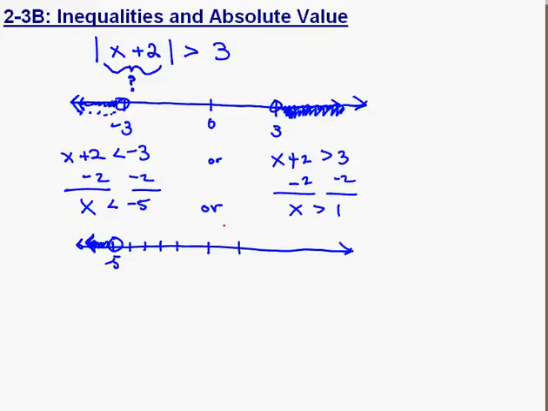Here we have 1. Put a circle, and the circle tells you that the solution, the number line, goes all the way up to the value but doesn't include the value itself. Okay, so this would be the graph for the solution to that inequality.